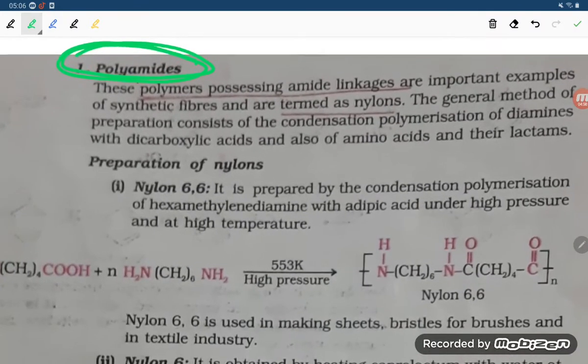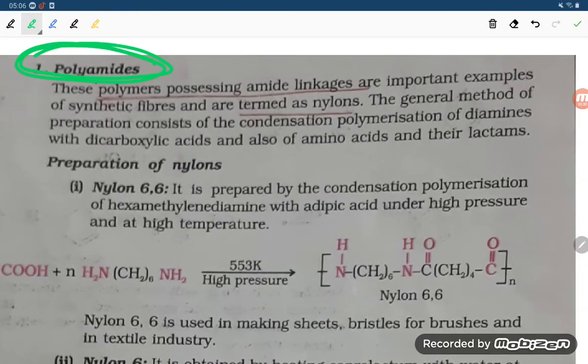Polymers possessing amide linkage are important examples of synthetic fibers and are termed nylons. The general methods of preparation consist of condensation polymerization of diamines with dicarboxylic acids and also amino acids and their lactams.